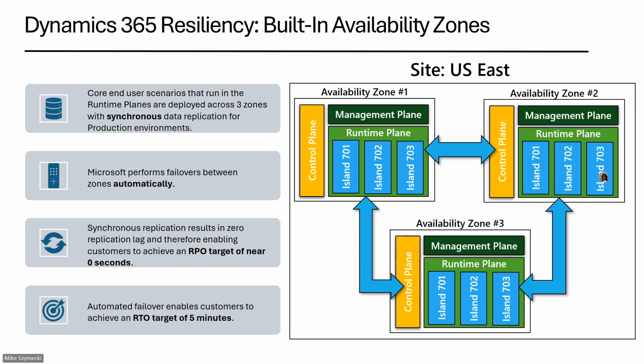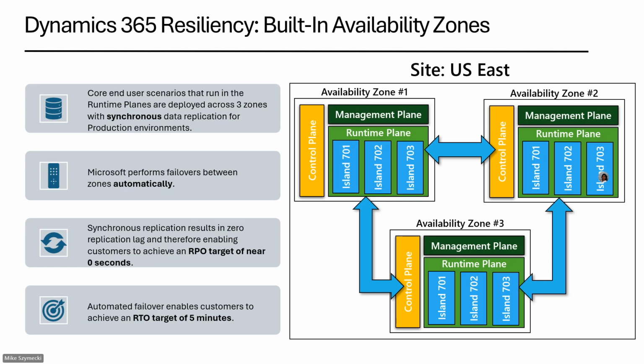So if there's any failure in a zone or loss of a zone, the customer traffic will seamlessly and automatically move to the other zones, and the customer would not even notice or see any outage. We manage this entirely on our end, and it is completely transparent to you. For the most part, from the customer perspective, this should really just be a blip.